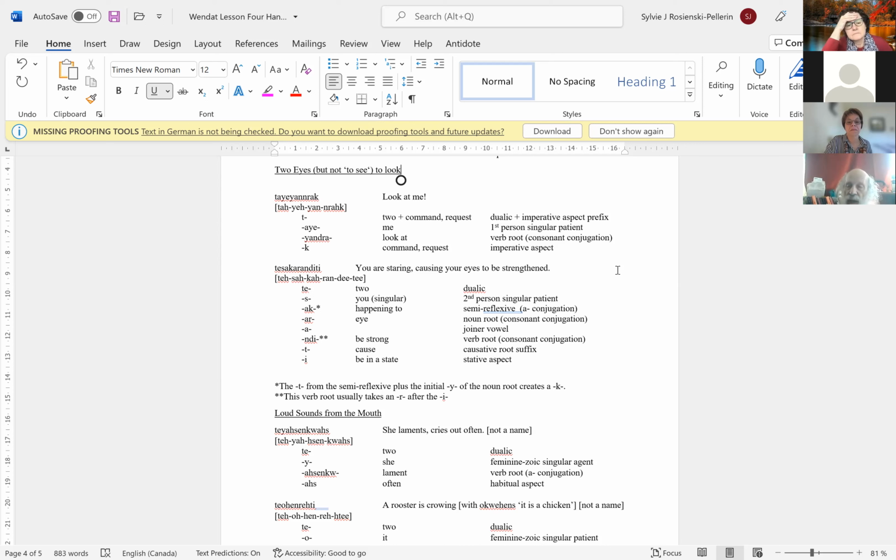So you would have that T anyway, even if it wasn't dualic. And the aye is the patient form of the first person. The agent form, you drop the A, would just be yay. So if you had somehow I am looking, it would begin with something like te.